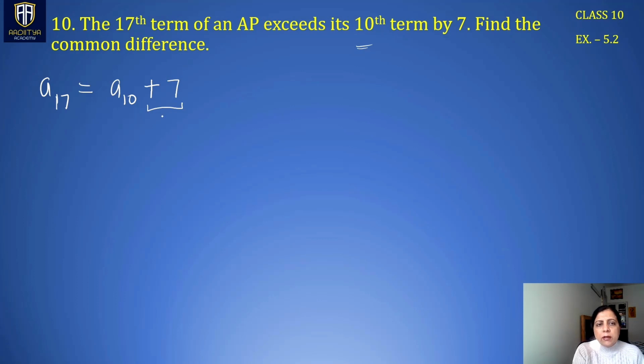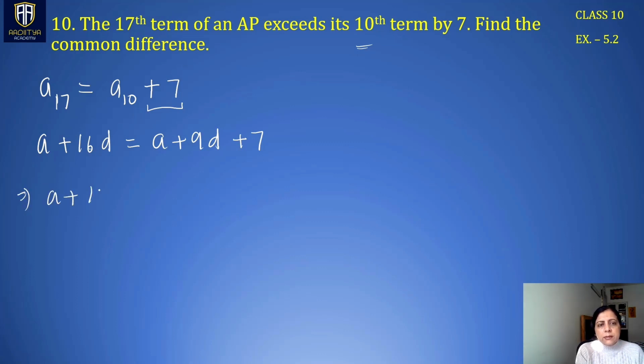So this is how we have made an equation. Now you have to find the common difference. So I can write a plus 16d is equal to a10, which can be replaced by a plus 9d, plus 7. This is a relationship that we have got. Now I am solving this equation.